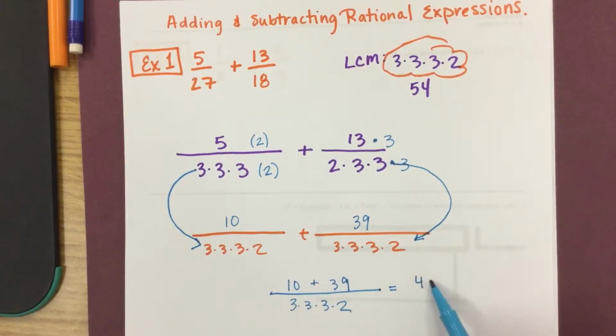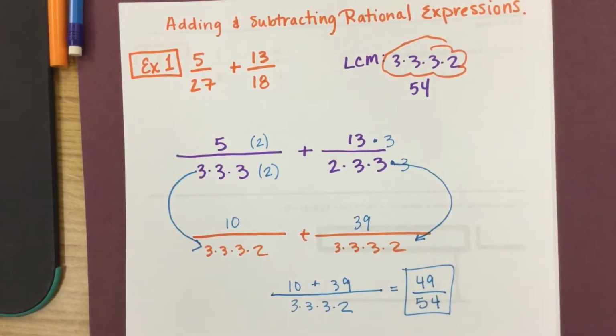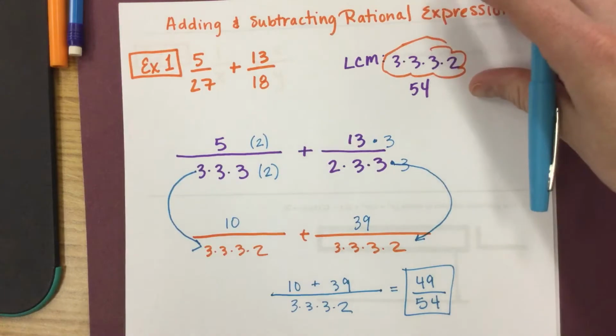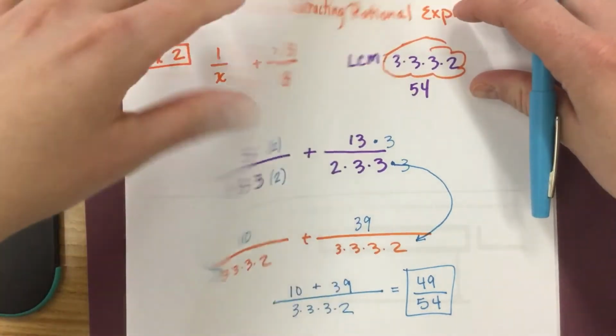So I know I'm going to end up with 49 over 54. Yeah, it would have been a lot easier to put that into the calculator, but I want you guys to see how this is done with the prime factorization when we're dealing with these integers as our denominators.